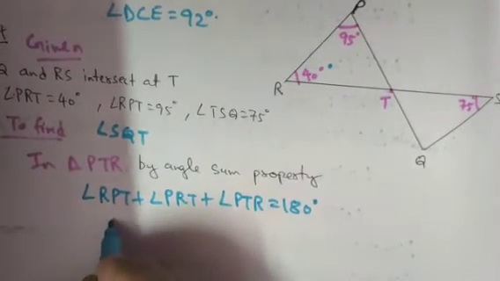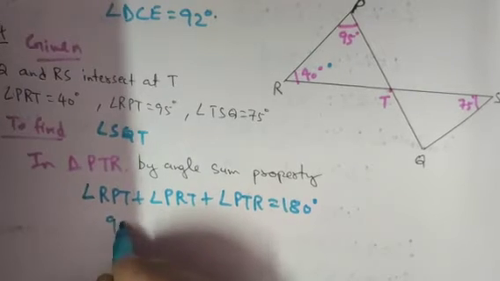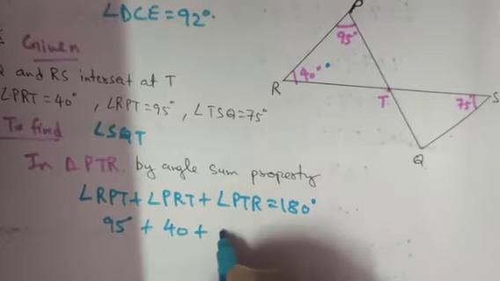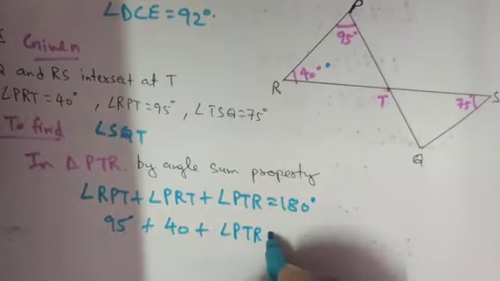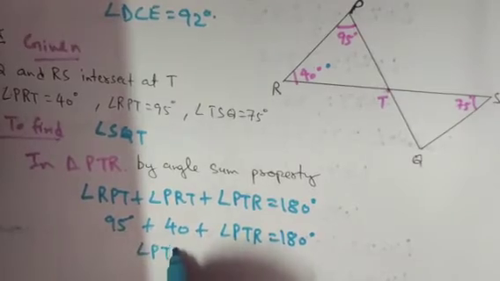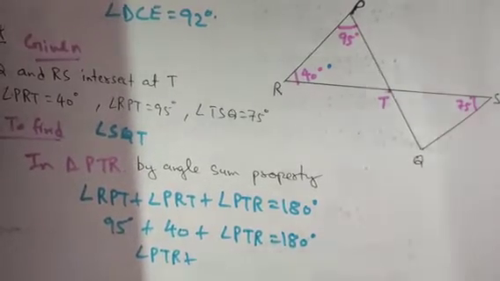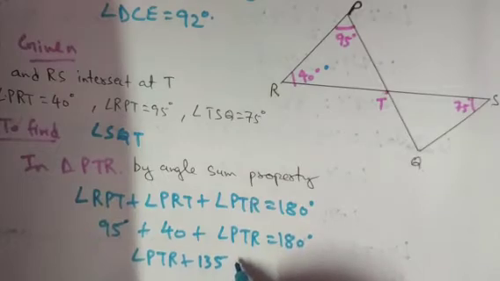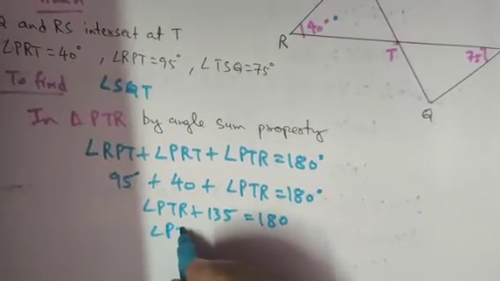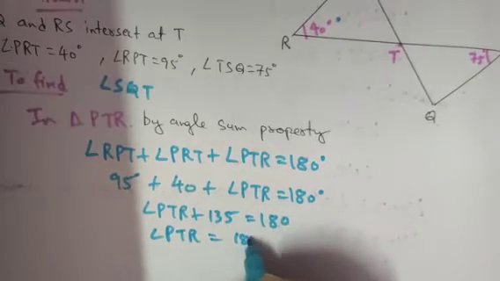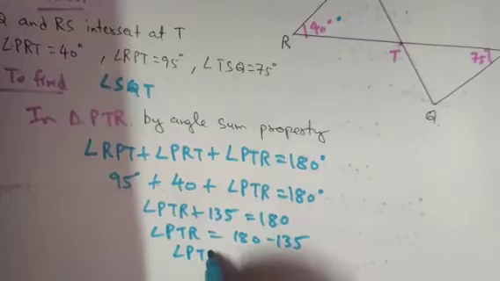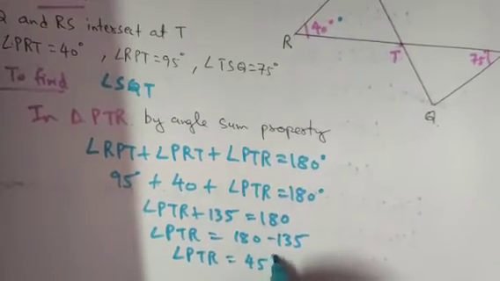So RPT is 95 degrees plus PRT is 40 plus angle PTR equals 180. So angle PTR plus 135 degrees equals 180 degrees. So angle PTR will be 180 minus 135, that is angle PTR equals 45 degrees.